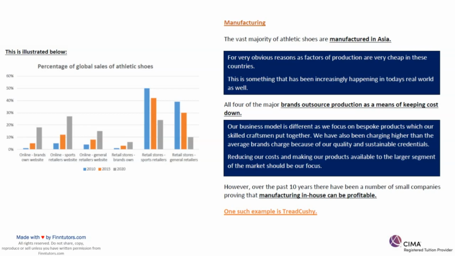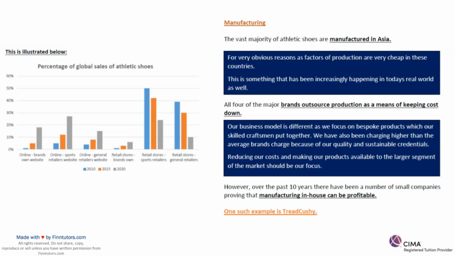Retail stores, if you look at sports retailers, coming down; retail stores, general retailers, coming down at a stronger and faster pace. What you can see is the trajectory of growth is higher when you have your own stores, or you are selling through your own website, or you are selling through retailer websites as well. So an opportunity for TreadCushy over here.